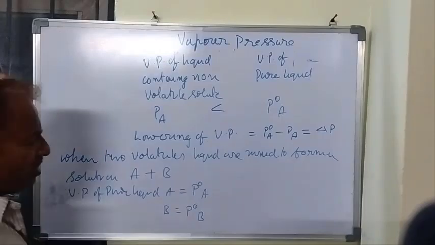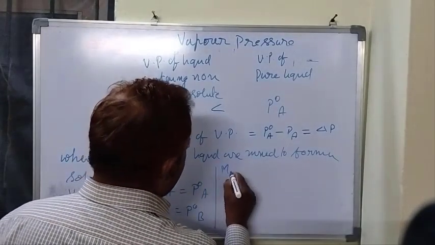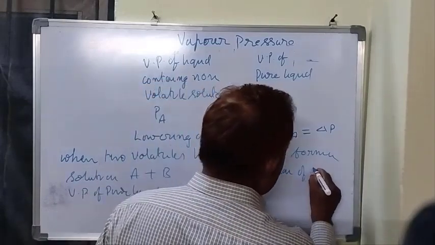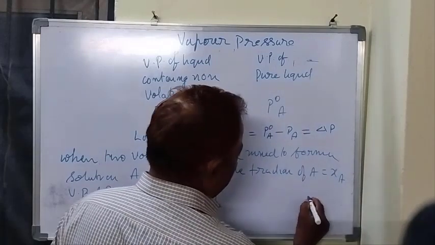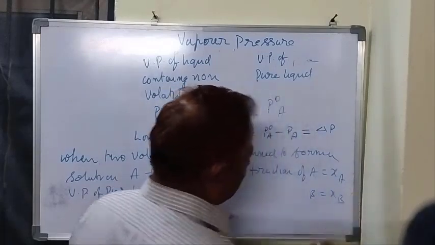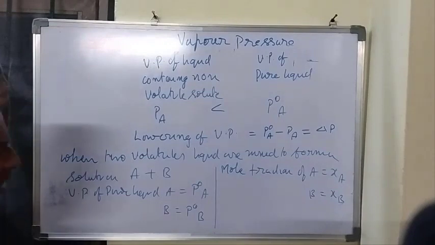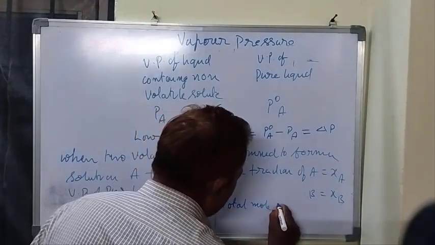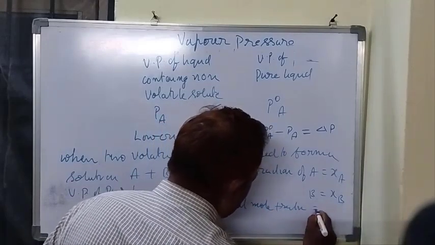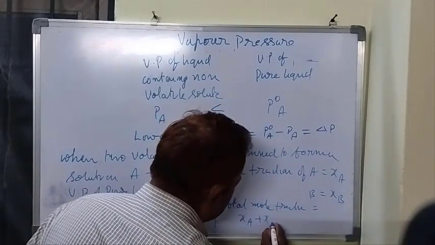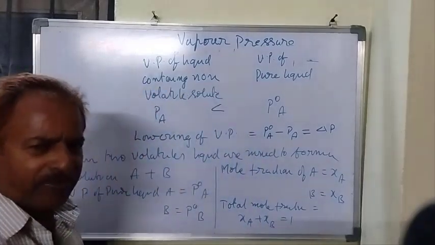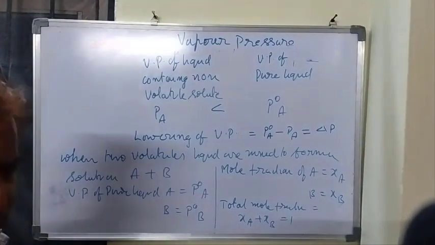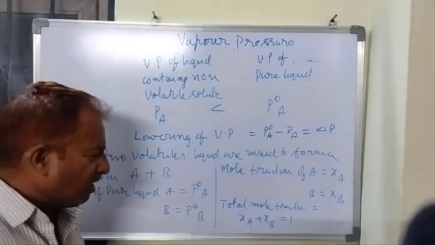Now, when two liquids are mixed with each other, the mole fraction of A is XA and the mole fraction of B is XB. The total mole fraction XA plus XB is equal to 1. So if a number of components are mixed with each other, the sum of the mole fractions of all the components is equal to 1.